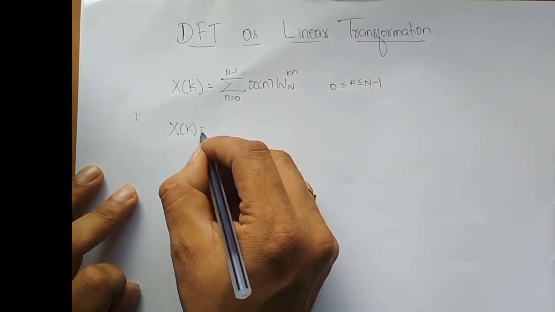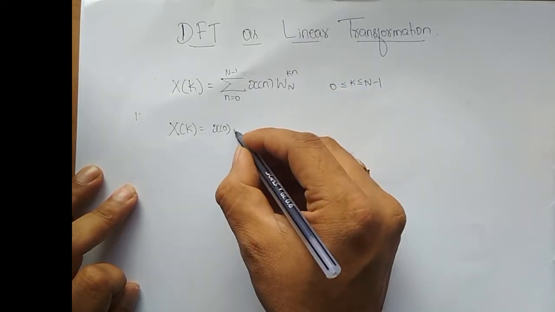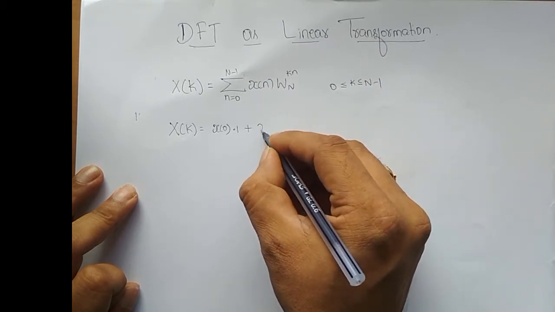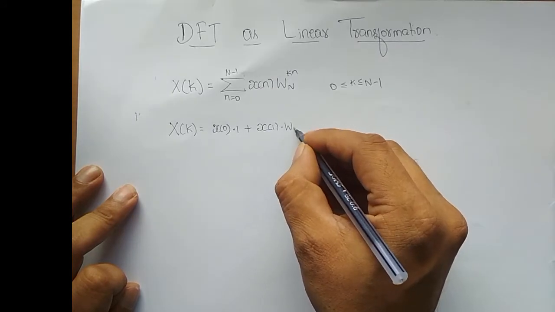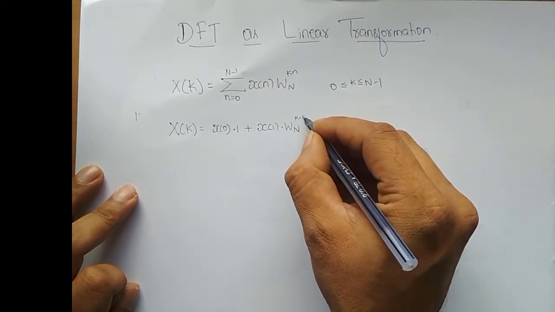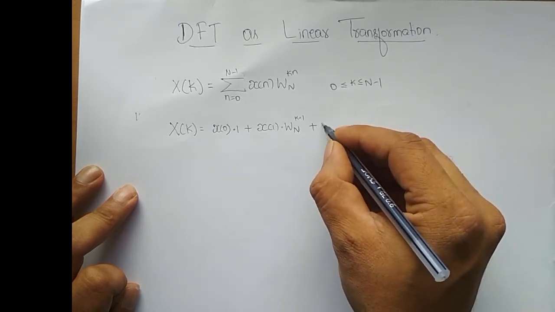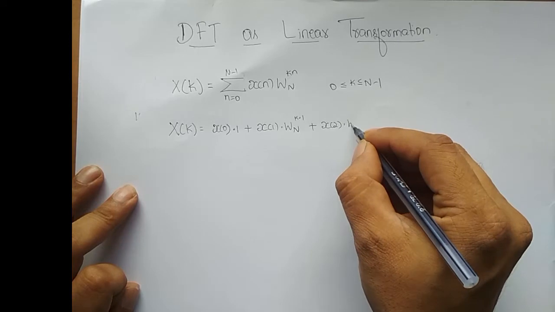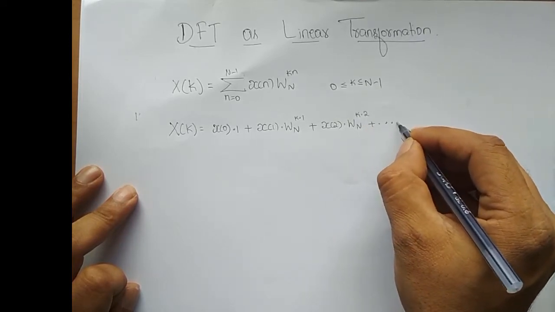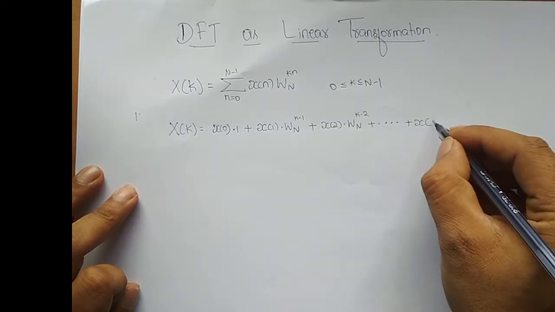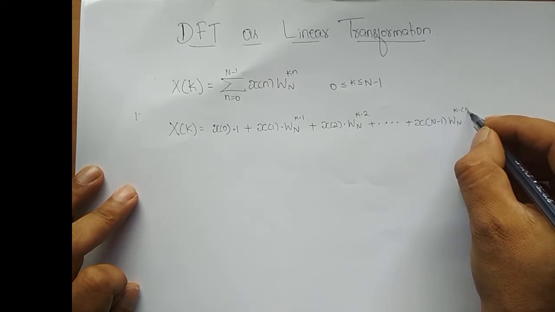X of k is equal to, when n equal to 0, x of 0 into W_N power 0, which is 1, plus when n equal to 1, x of 1 into W_N power k into 1, plus when n equal to 2, x of 2 into W_N power k into 2, plus dot dot dot, plus x of N minus 1 into W_N power k into N minus 1.